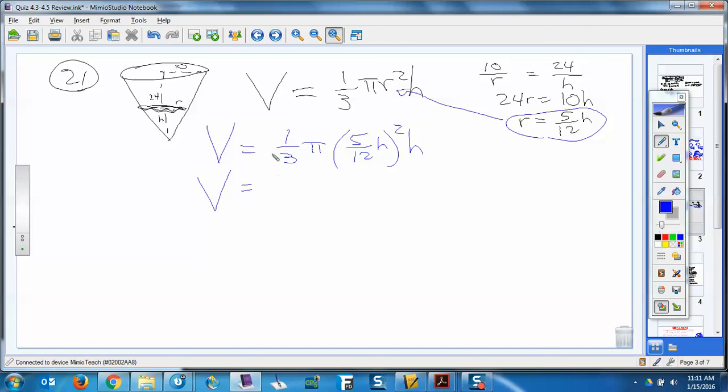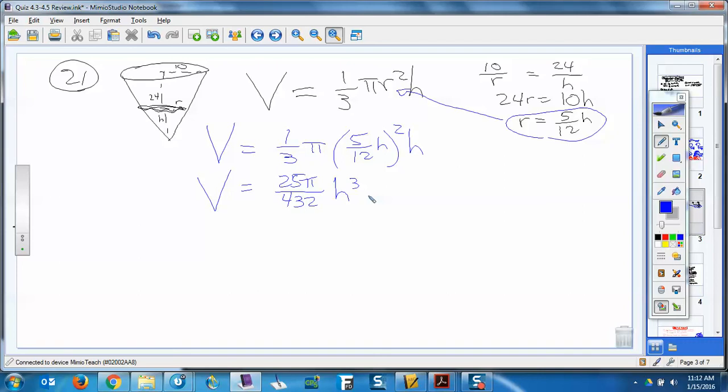What do you get when you multiply that all together? 25 pi over something. 432. And then there's an h cubed. I'd put the h cubed out to the side, quite honestly, but it could be on top, you're right.